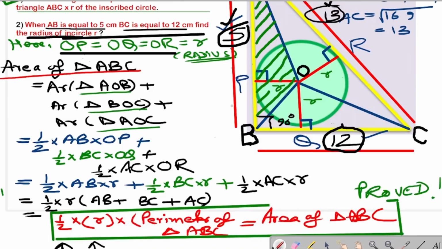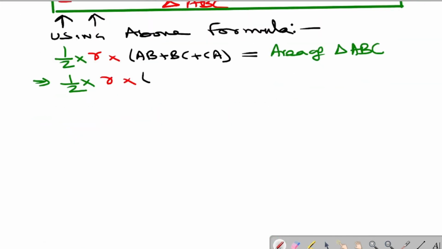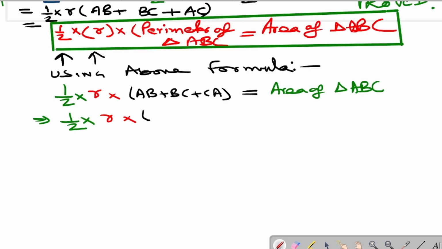Just see in the triangle, AB is 5 and BC is 12, right? Here encircling it, 5, 12 and 13, right? So putting up the values over here, in place of AB 5, BC 12 and CA is 13.